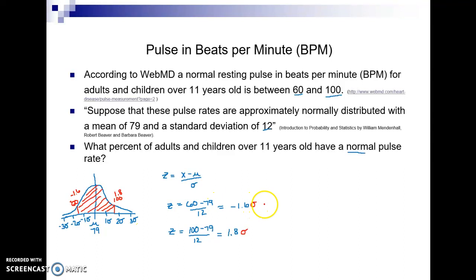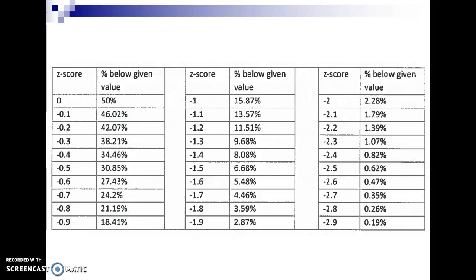So the next thing I have to do is figure out what percents correspond with these, and I do that by looking at my z-score percent table. My first z-score was -1.6, so right in here, and the percent below that is 5.48. My other z-score was positive 1.8, and we use these interchangeably because of the symmetry. So above that is 3.59.